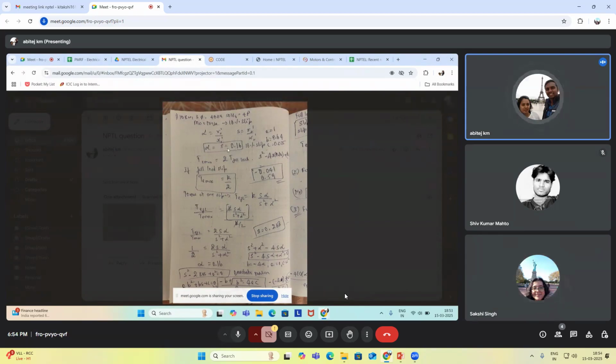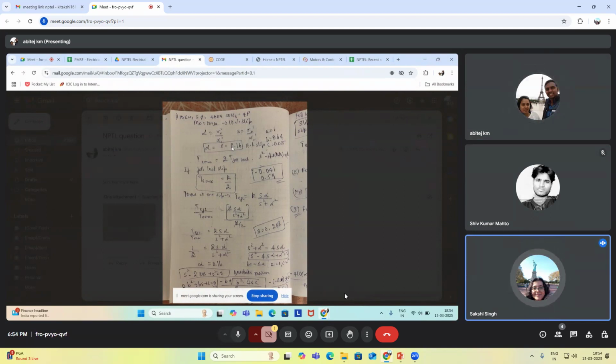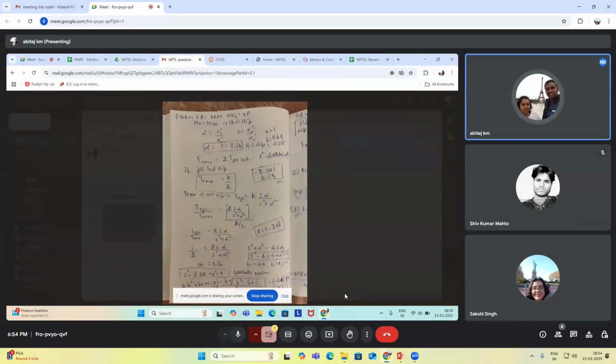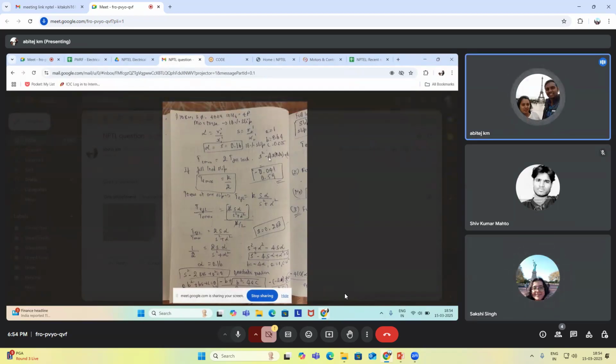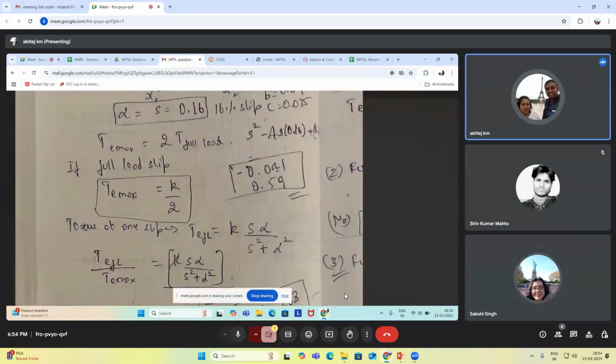Let me also calculate quickly. So what you have is s square minus 4s alpha. s square is 1. Minus 4s alpha is minus 4 into alpha. Alpha is 0.16. And alpha square is 0.16 square. I actually got 0.042 and 0.597.